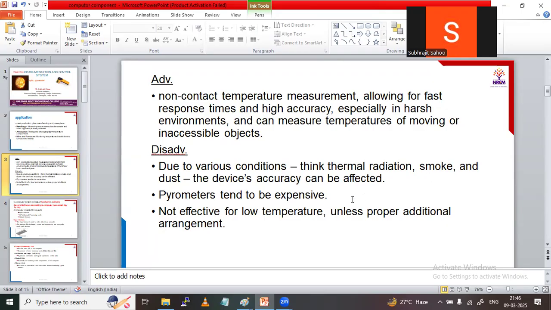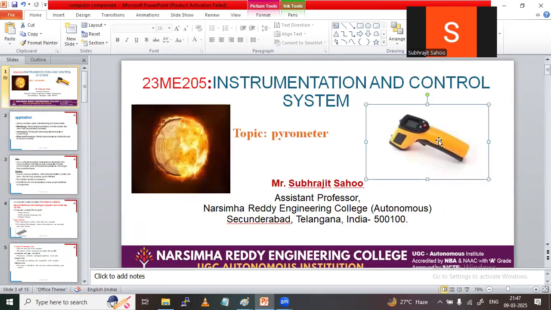Pyrometer is expensive, right? And it is not effective for low temperatures unless there is a proper additional arrangement. Proper additional arrangement means, here we are using it for low temperature or body temperature, 40 degrees, 37 degrees, 30 degrees. How is it working, sir? By using a series of thermocouples, not a single thermocouple.